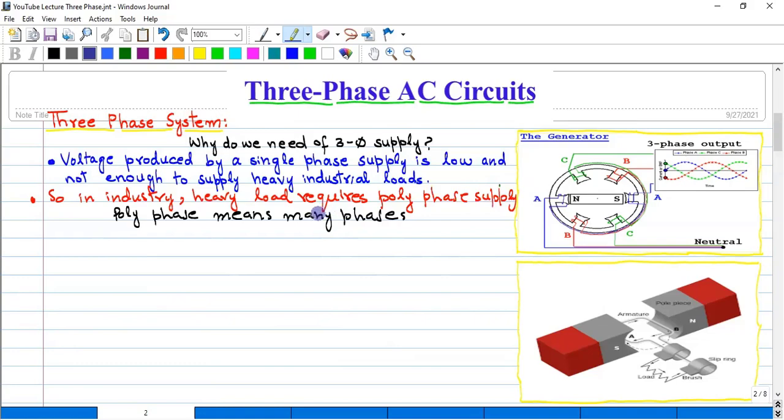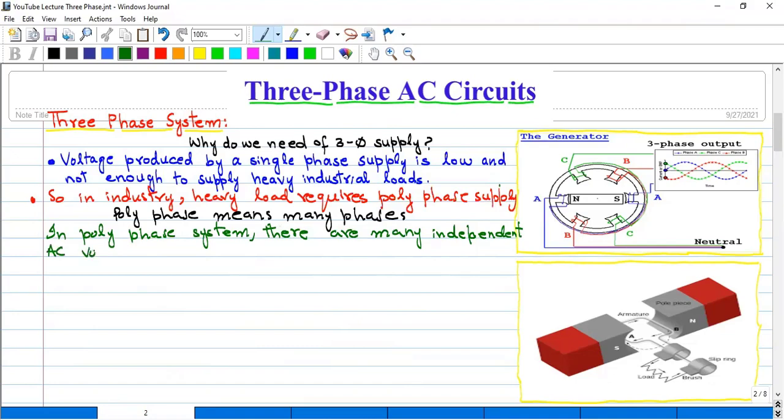So in polyphase system, there are many independent AC voltages present.